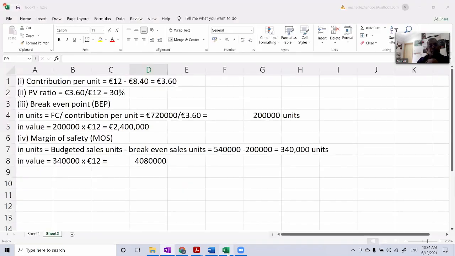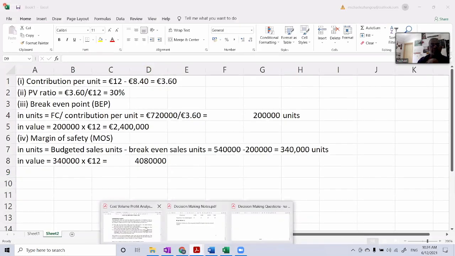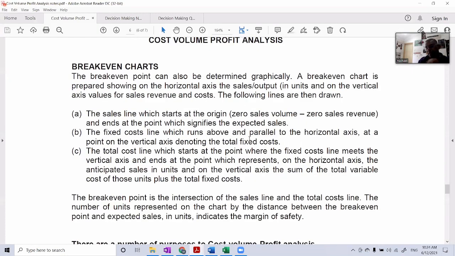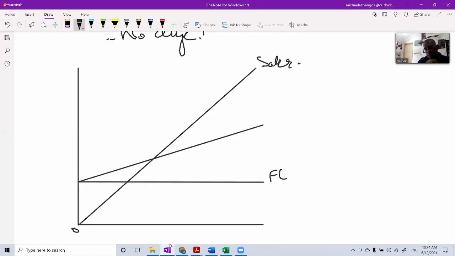Then the fixed cost line runs above and parallel to the horizontal axis, from the point on the vertical axis denoting the total fixed cost. So a straight line, parallel to the sales volume units. This is a value in euro, the currency of the examiner, all right?